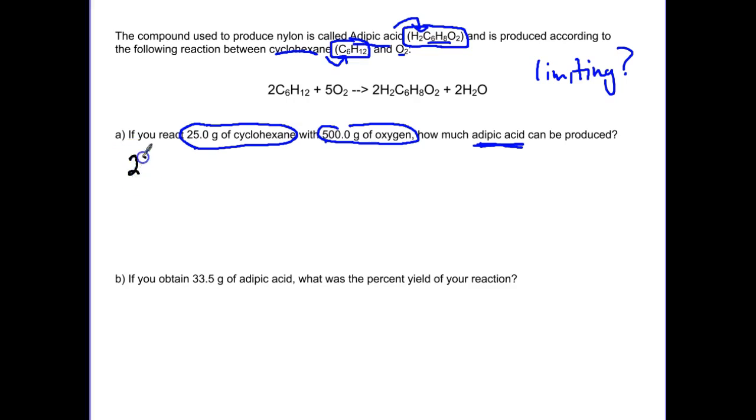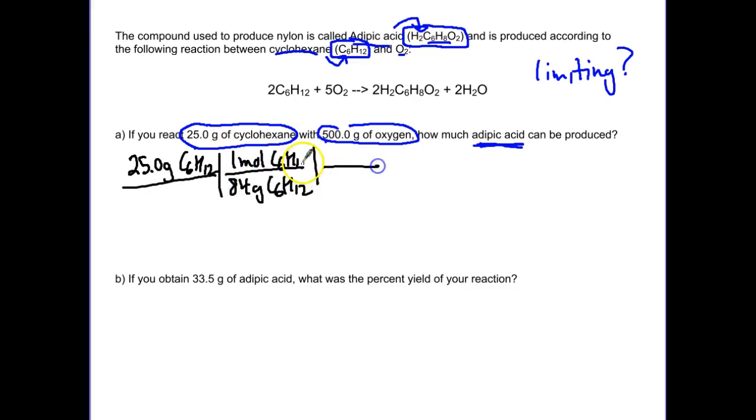Okay, so I have 25.0 grams of cyclohexane, C6H12. So I need to convert that to moles of adipic acid. So I need the molar mass of C6H12. It should be 84 grams of C6H12 per 1 mole of C6H12. And I got to convert that to moles of adipic acid.